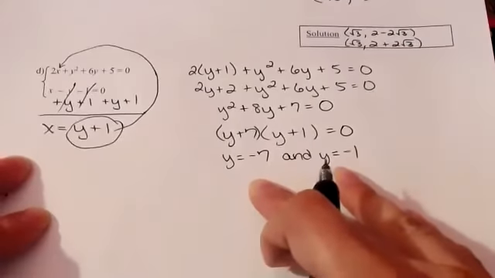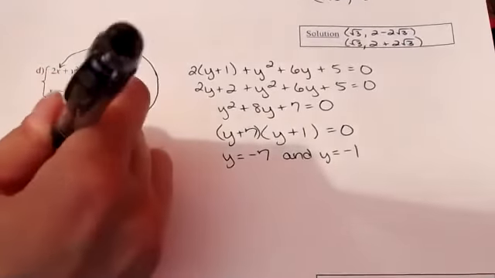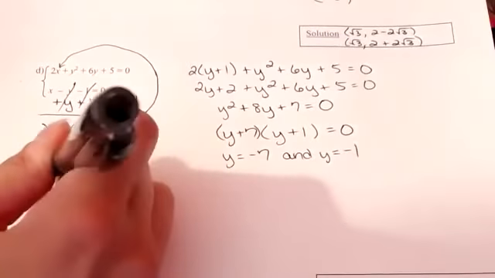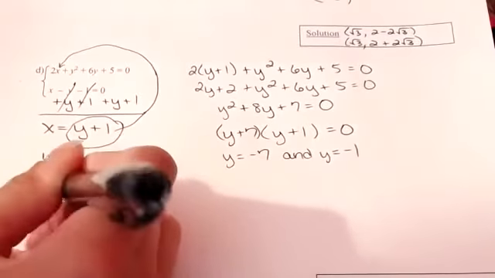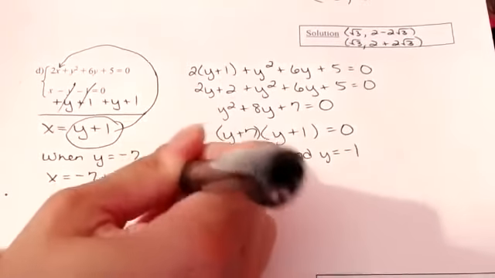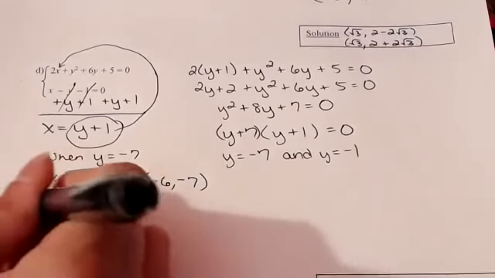Again, if I were you, plug these into the easier equation. So we're going to say when y is equal to negative 7, we have x is equal to negative 7 plus 1, which means x is equal to negative 6. So your first point of intersection is negative 6, negative 7.